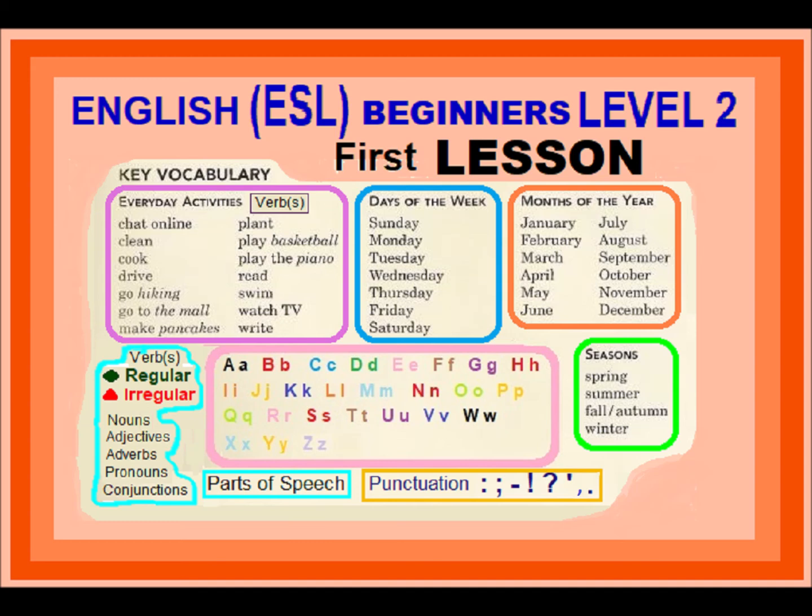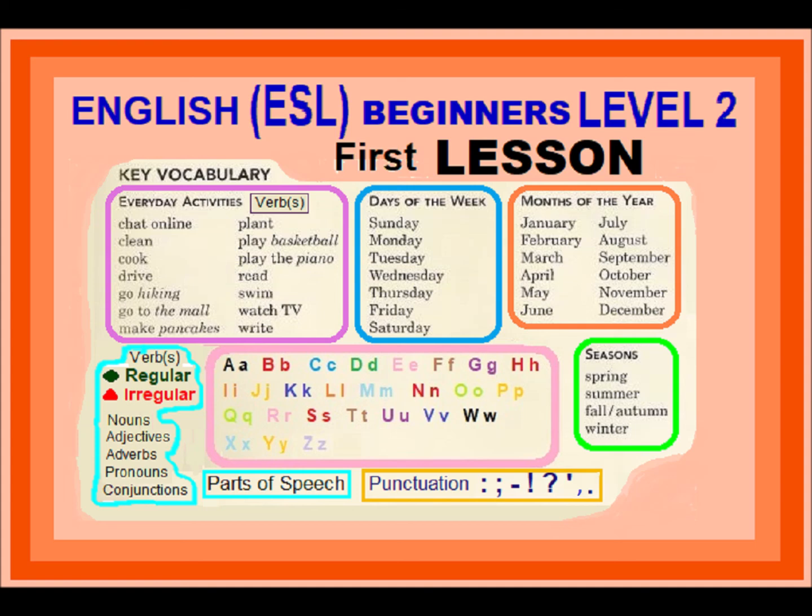And days of the week: Sunday, Monday, Tuesday, Wednesday, Thursday, Friday, Saturday. Students, for example Spanish speakers, often confuse Tuesday and Thursday. Some of them pronounce them almost the same, so explain the difference.